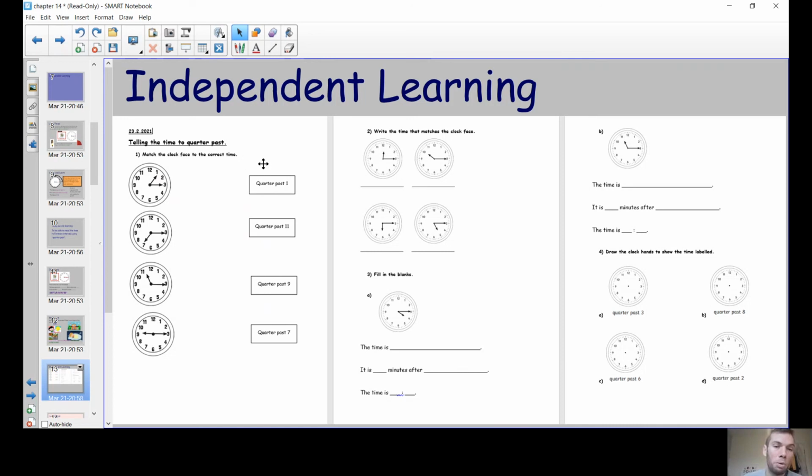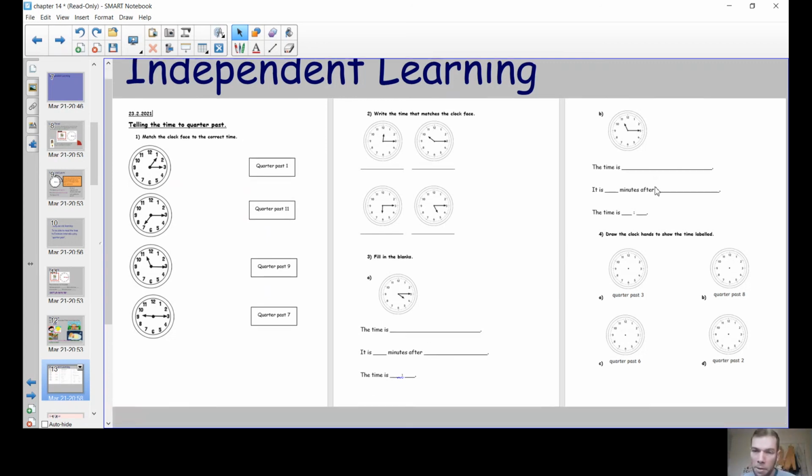So your minute hand will have moved a quarter of the way around our clock. On page 2, we want you to write the time that matches the clock face. And we want you to fill in the blanks on our sentence starters.